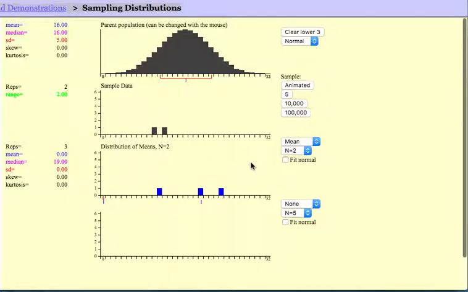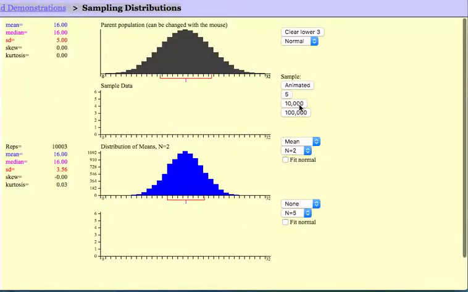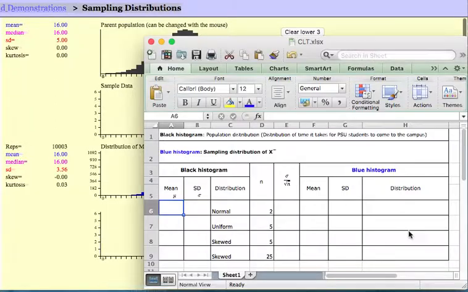And likewise, let's say I'm going to repeat this 10,000 times and calculate the sample means and put them in this blue histogram. And you can see this is what happens. This is the sampling distribution of x bar and it has a mean of 16 minutes and standard deviation 3.56 minutes. So let's go ahead and put this information in an Excel sheet so that later on we can summarize.